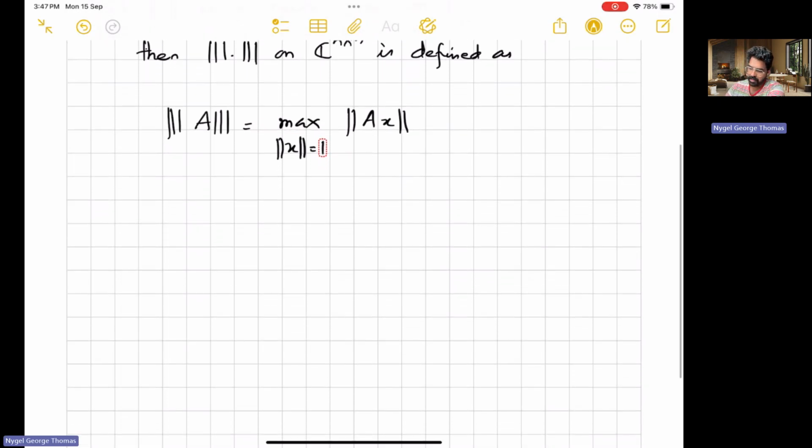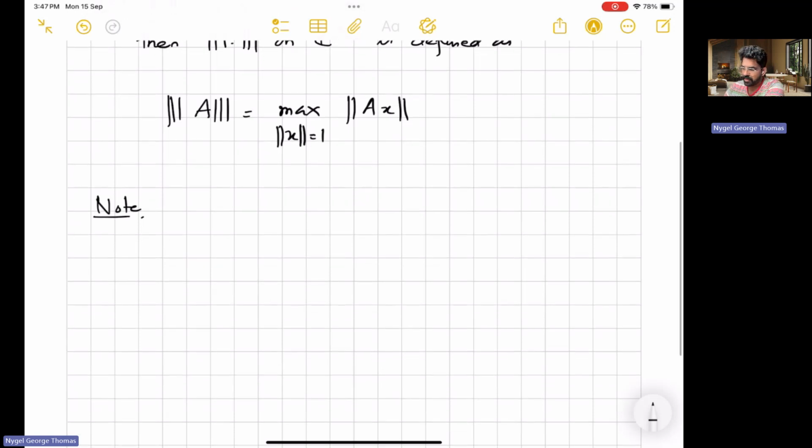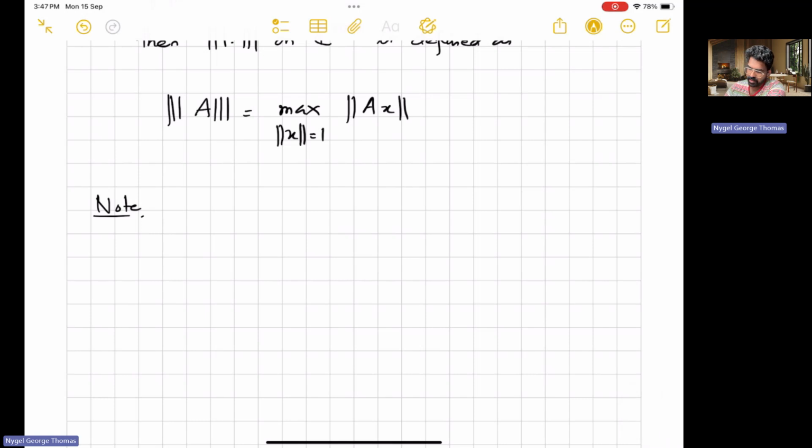There are also multiple ways of modification which can be done. As a note, remember for the dual norm, even though we define it as y transpose x, we also ended up writing it as modulus of y transpose x with some modifications. In a similar fashion, we can also modify the definition of induced norm.